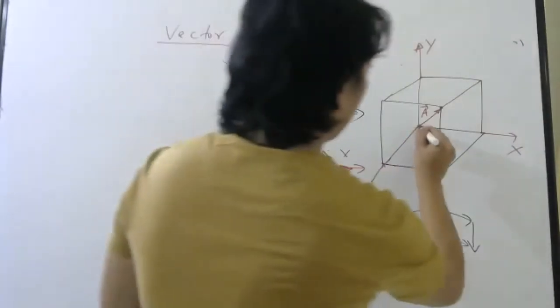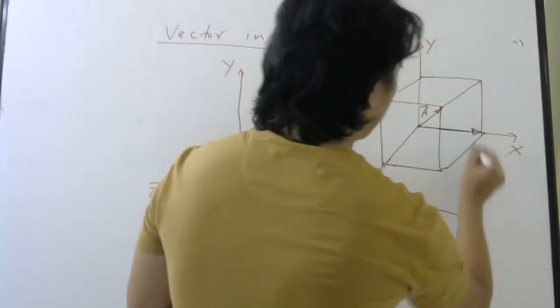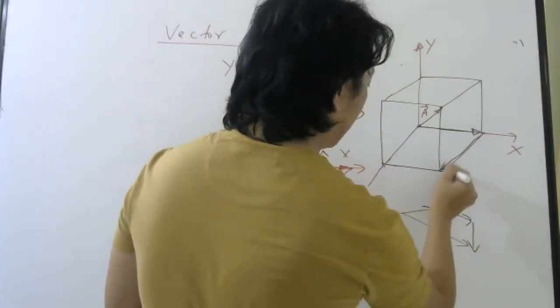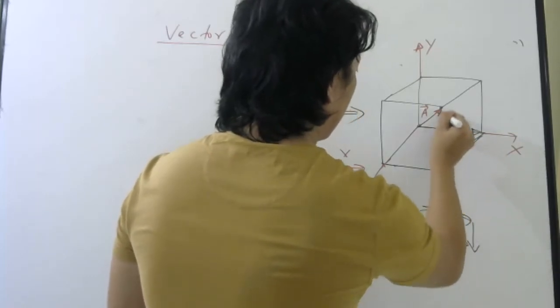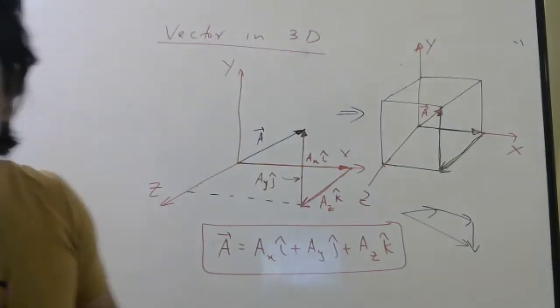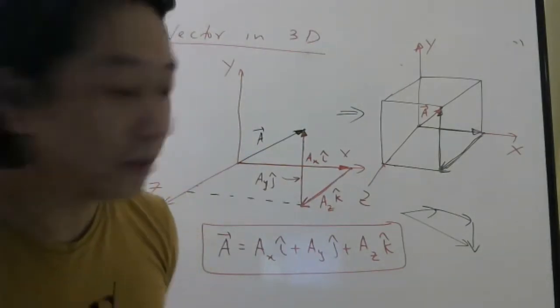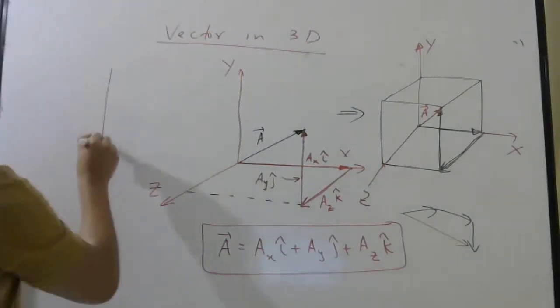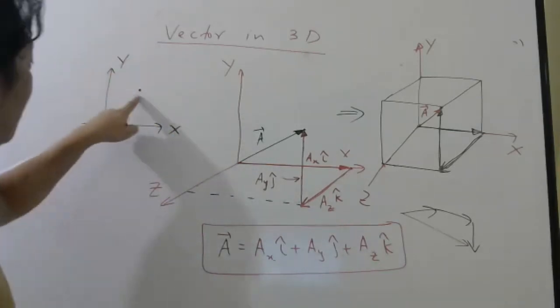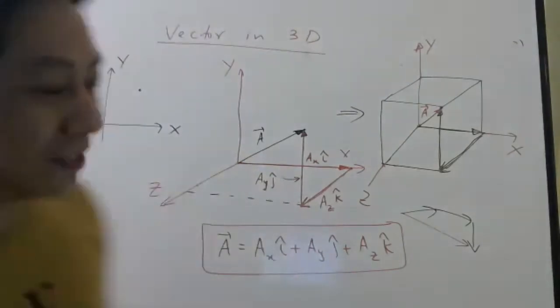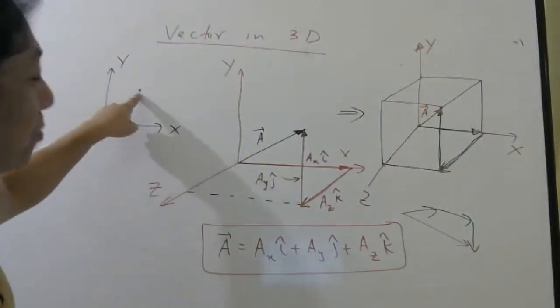So you go here along X, then you go along Z, then you go along Y. Okay. Channa, if this is X, this is Y, and any point is there, how many numbers do you need to represent the position of this point?